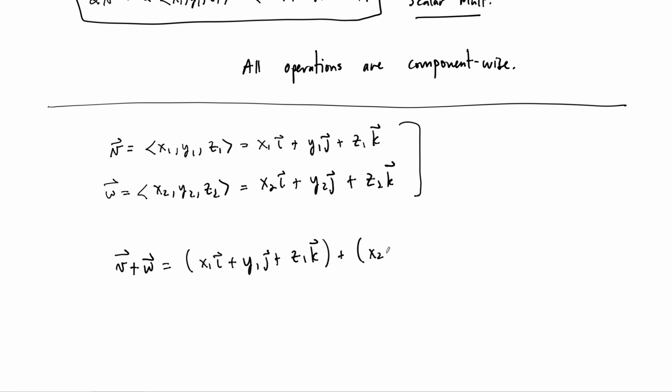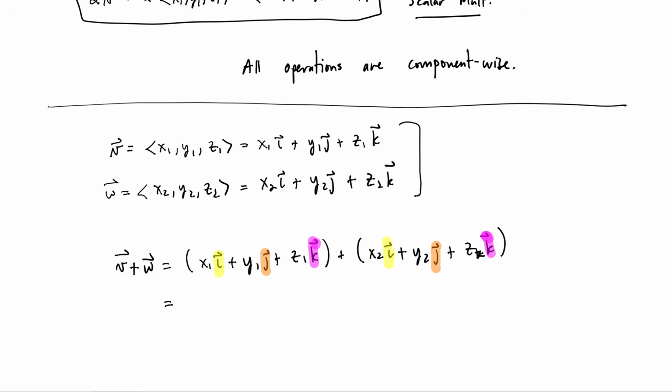Plus then x2 i plus y2 j plus z2 k. All right, and I'm going to add these up, and look what I can do. The i is like a like term, right? It's a vector, a unit vector, though. It's not a variable. We know exactly what it is. Same thing with the j's. J's are like terms. Same thing with the k's. The k's are a like term.